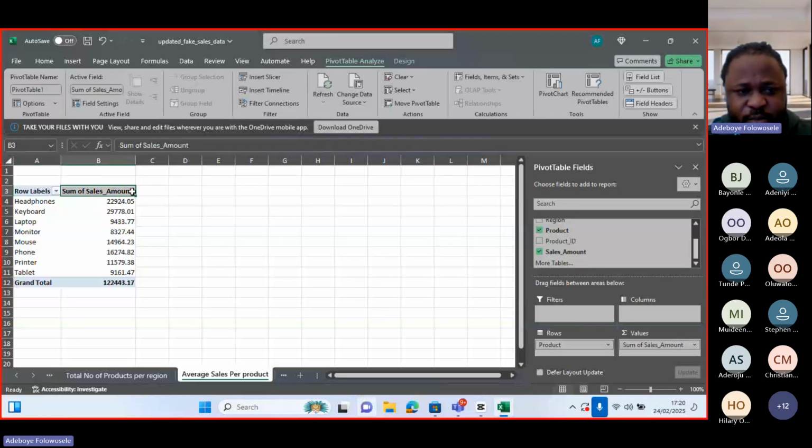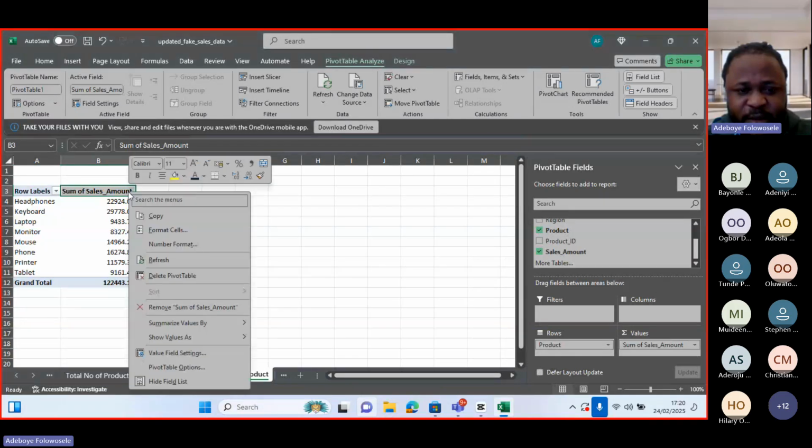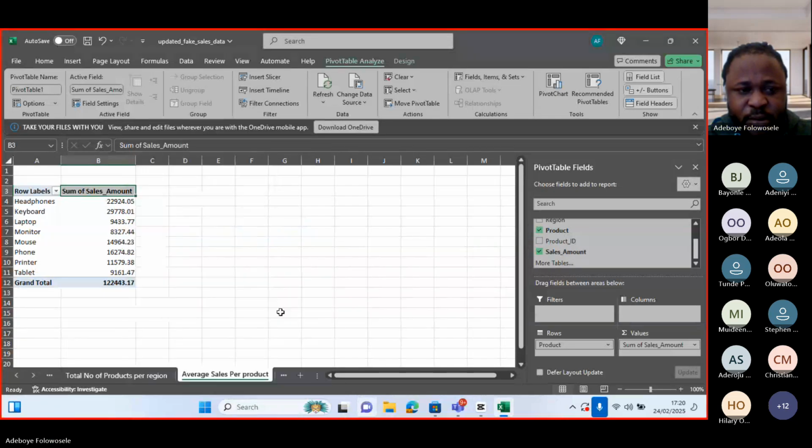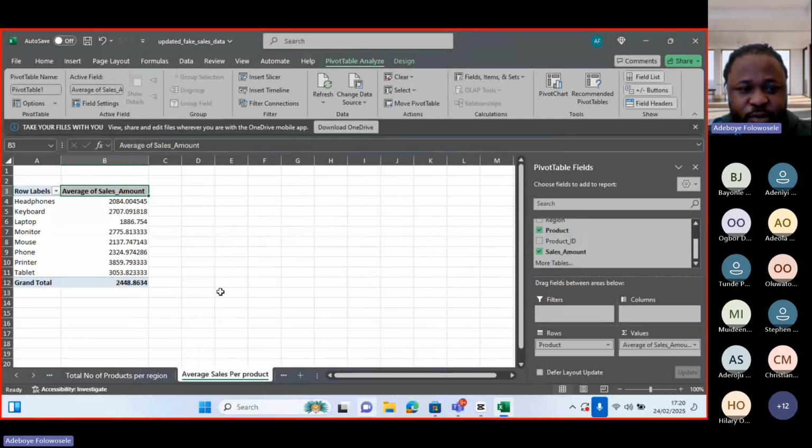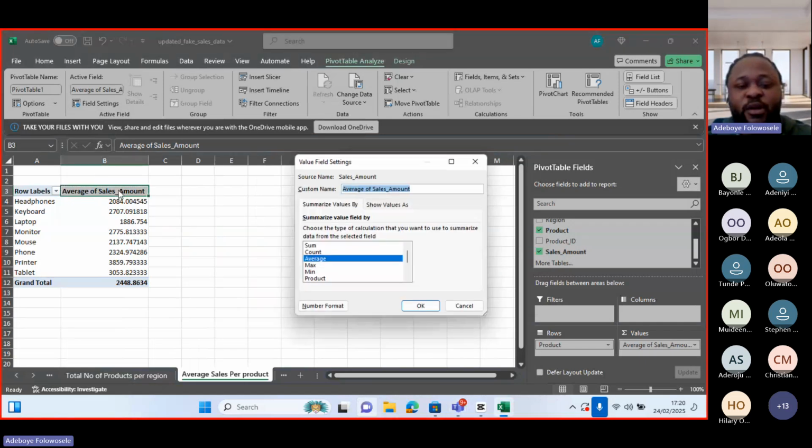So I can come here, right click, and say average by the average sales. So here, that's changed to, let me change the title to average sales per product.